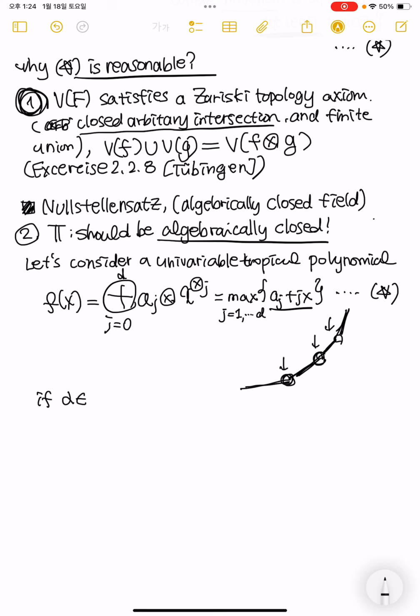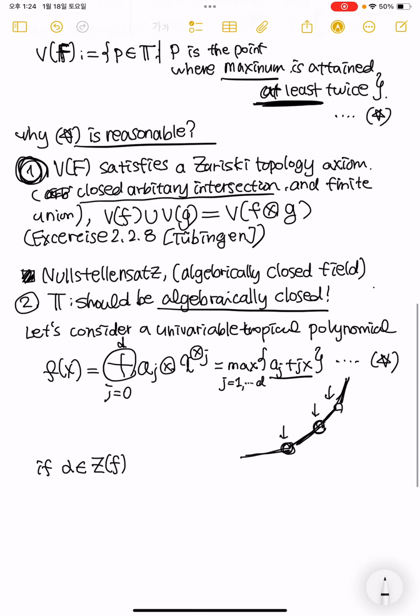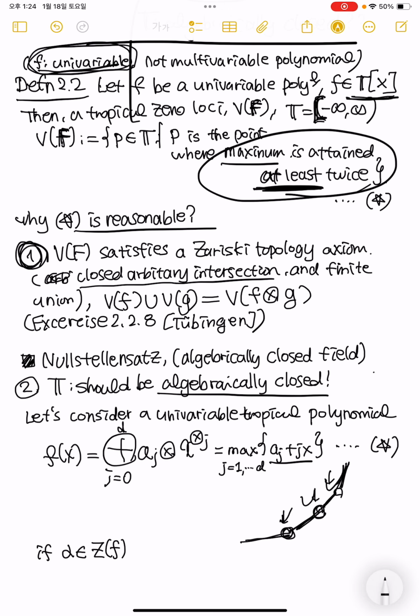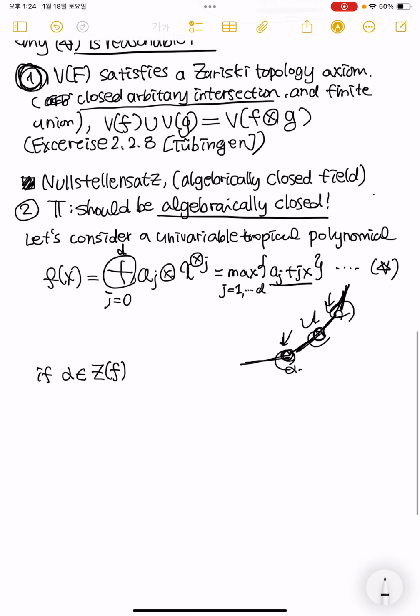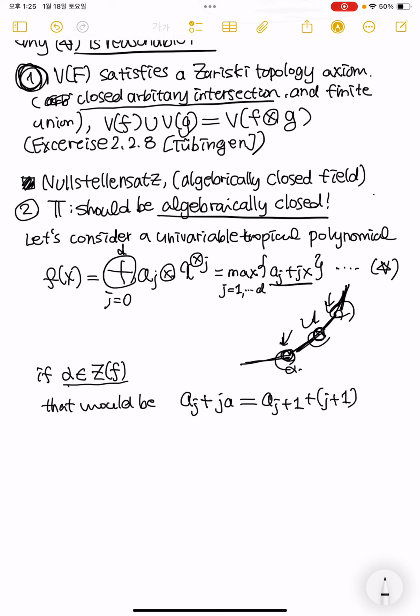So if alpha lives in zero set, which means zero set is here as I defined, this maximum is attained twice, then that is an intersection between two lines, so that would be here and alpha.